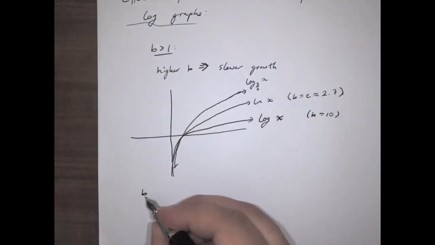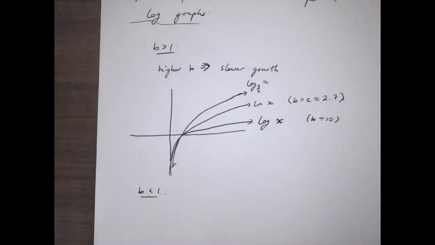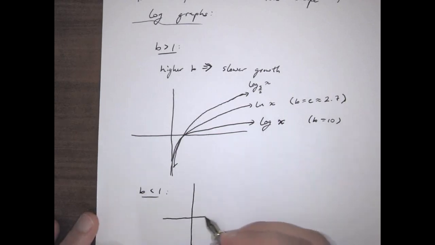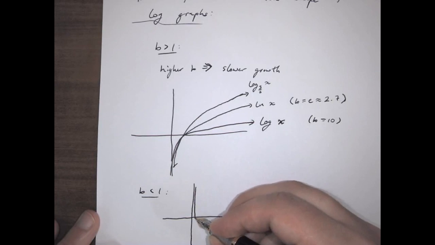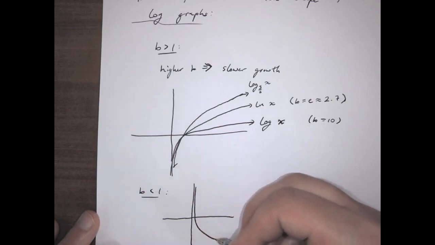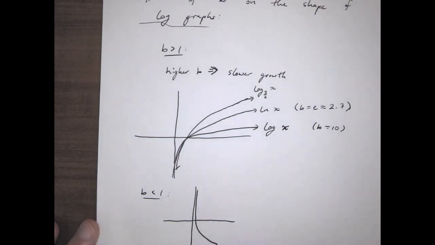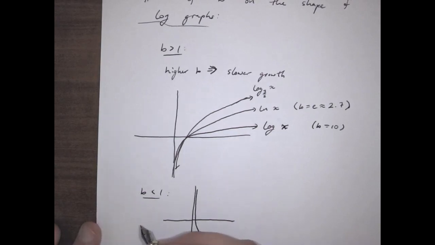And if b, on the other hand, is less than 1, then we can run the whole story backwards. So basically the closer b is to 1, the less shallow.